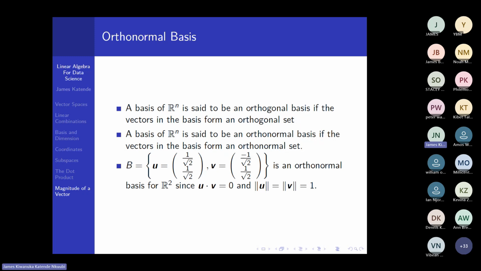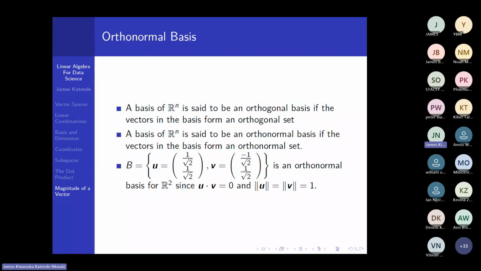So if the vectors in a basis form an orthogonal set, we say that it's an orthogonal basis. We can also go further and say that a basis would be orthonormal if the set of vectors in the basis is an orthonormal set. We already defined these things. Now we are just applying them to a basis.